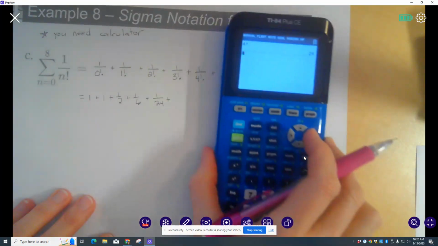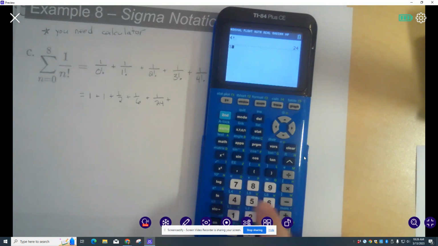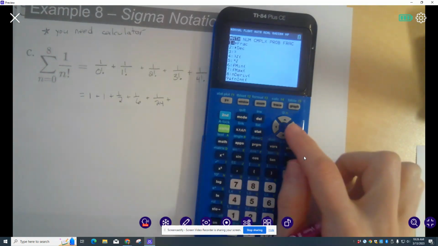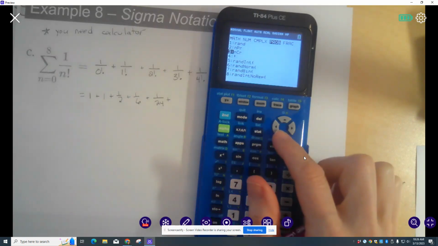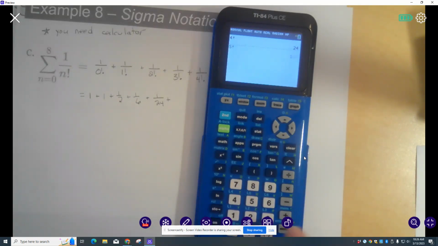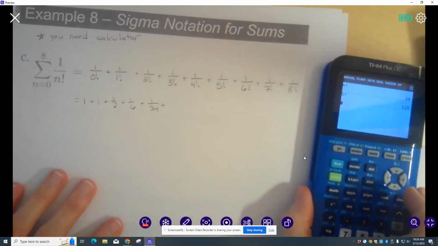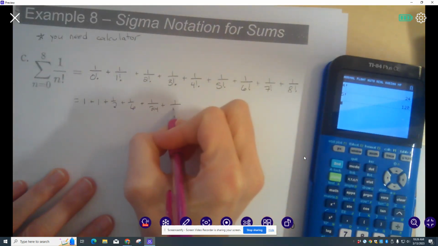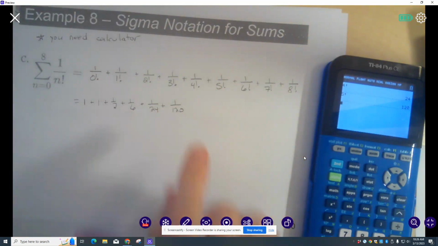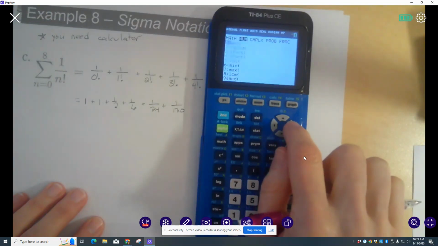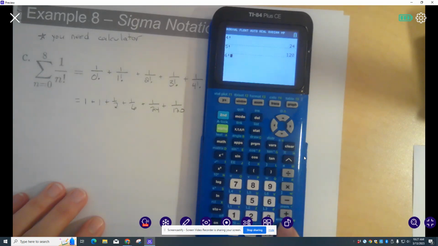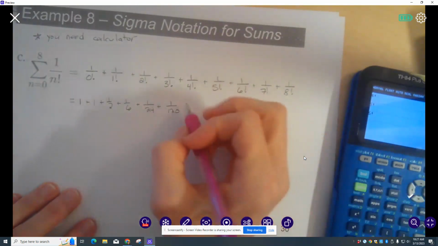Let's do one more. Now I want 5 factorial. 5, math, prob, and then menu item 4. 5 factorial is 120. It will be helpful if you can memorize a few of these, like 1 through 5. 6, math, prob, menu item 4, 720.